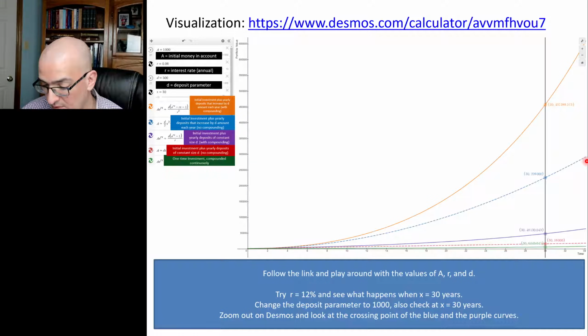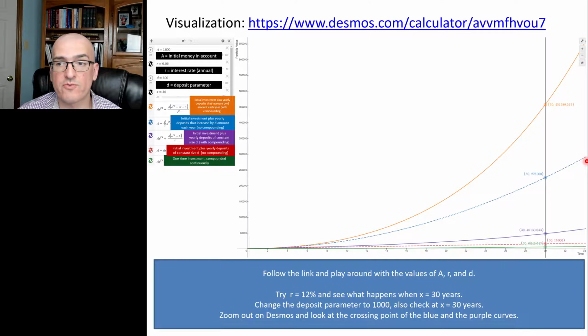What happens is at some point, 80 years or maybe 90 years, I forget what it is, the compounding does become more important than the tossing in of additional money every month. That growth of the money being tossed in every month is growing linearly. It's 200t or whatever it is, 500 times t.